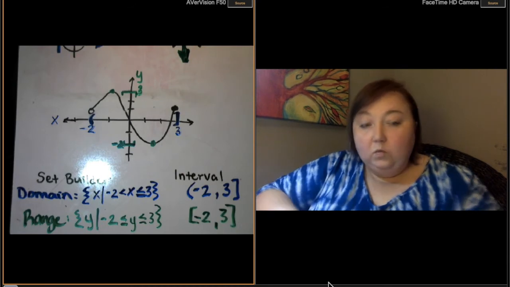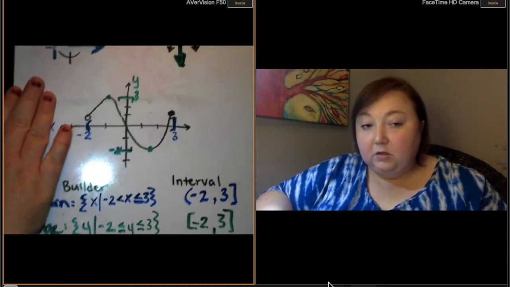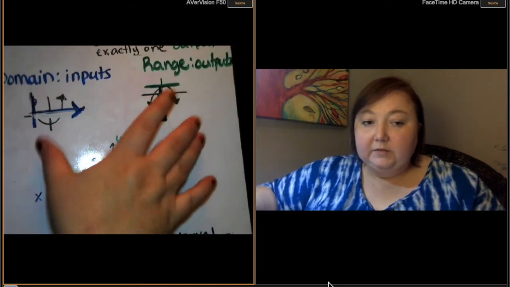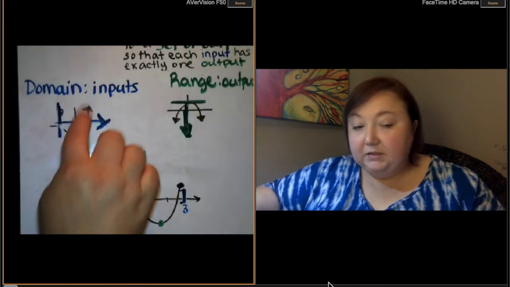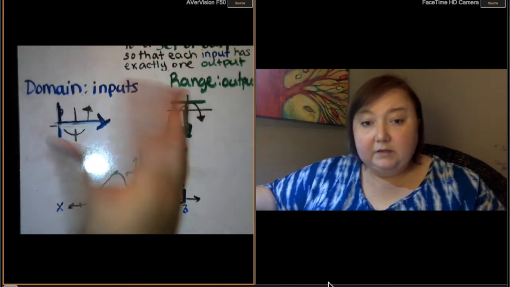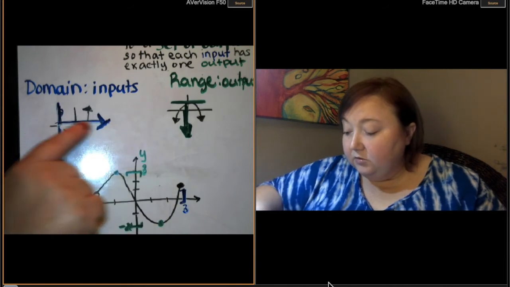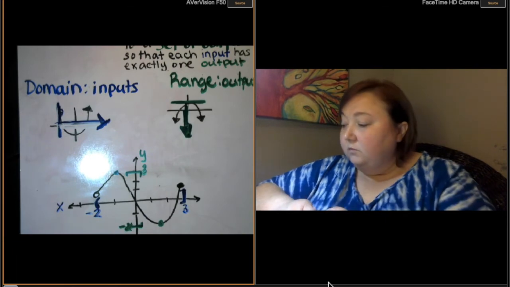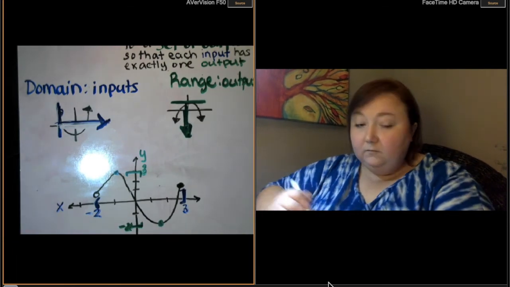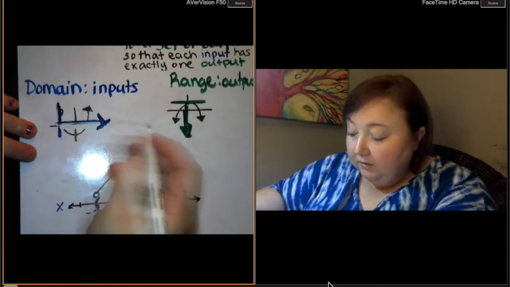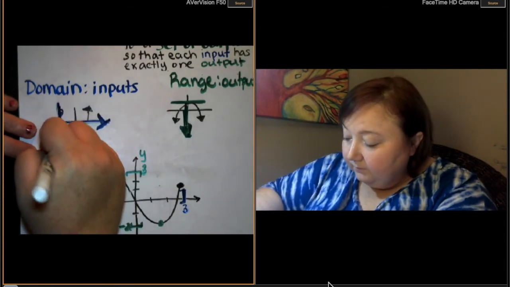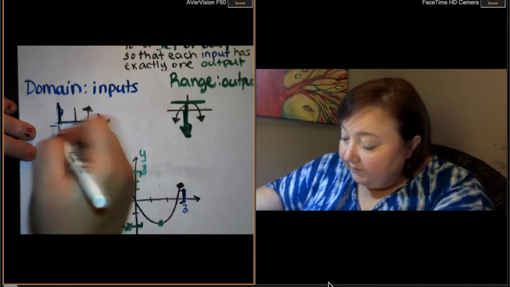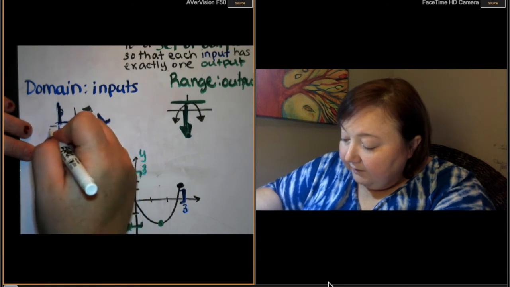Okay. One thing that we do want to talk just a little bit about is coming back here and looking at these two examples. We want to look at these two examples because these have some infinity going on here. So we see that this goes on for infinity and this goes down for infinity. So when we want to look at our domain for this problem, let's say that the furthest back that it went was -5.